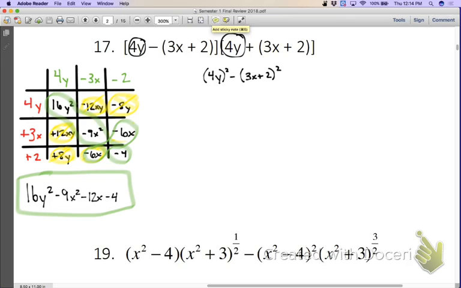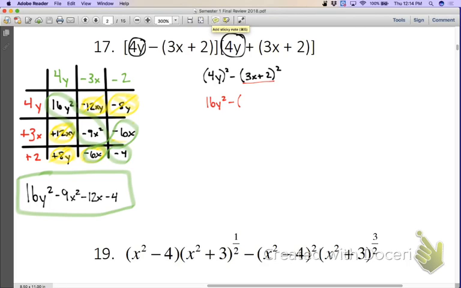So it's still going to give you the same thing in terms of having 16y squared and then minus, okay, and then just multiplying 3x plus 2 and squaring it.